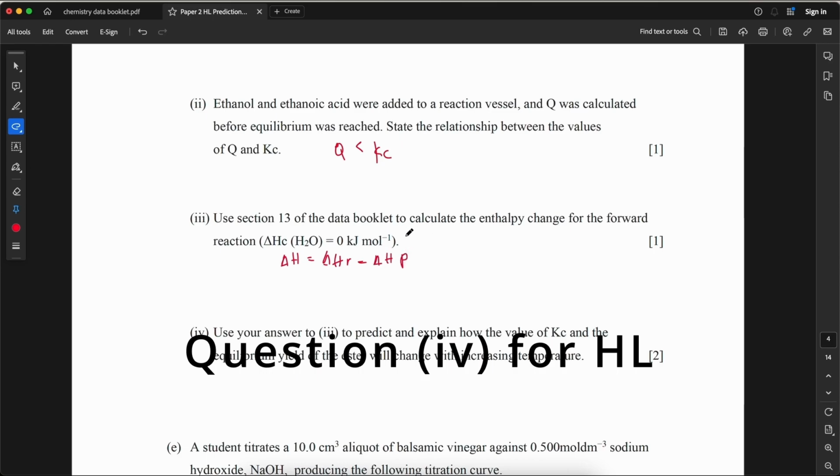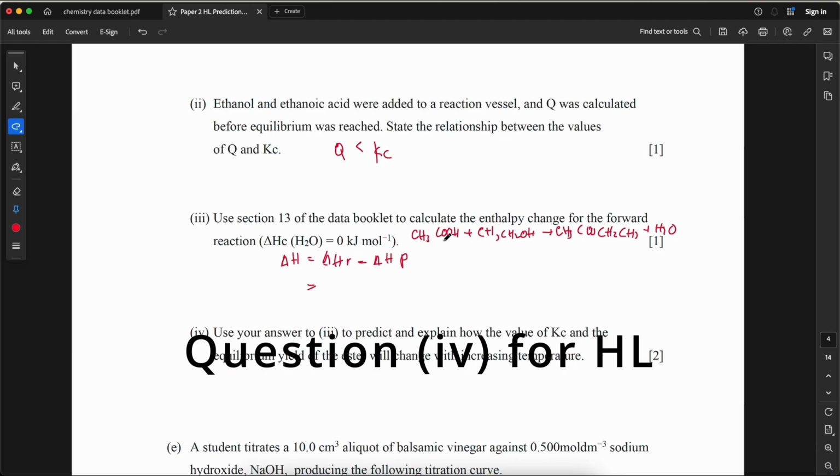The reaction is ethanoic acid, CH3COOH, reacting with ethanol, CH3CH2OH, to produce an ester, CH3COOCH2CH3, and H2O.